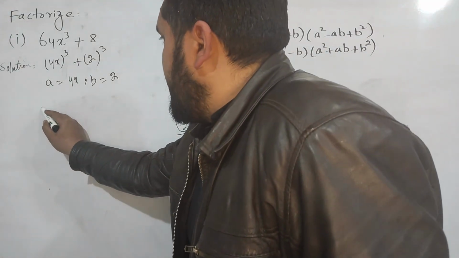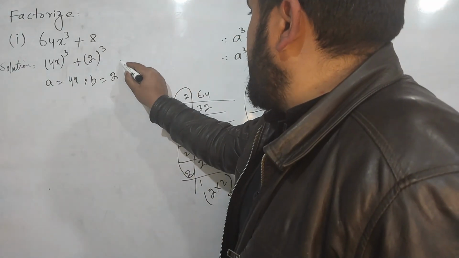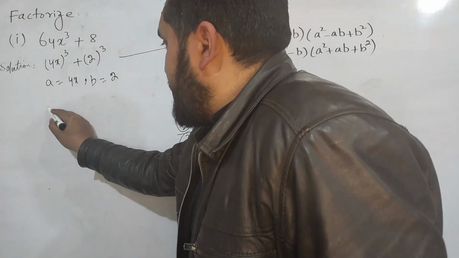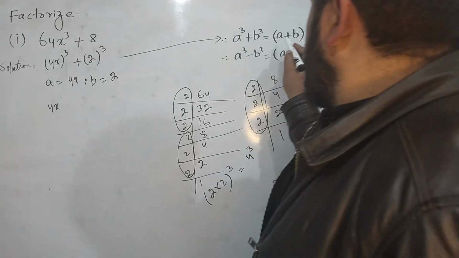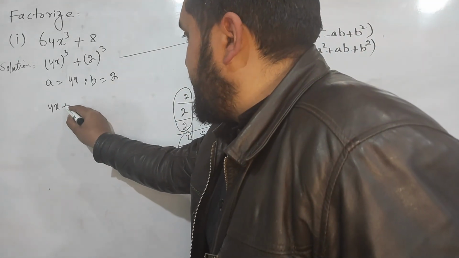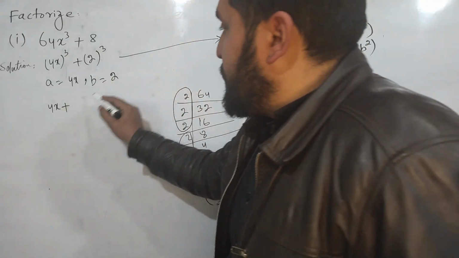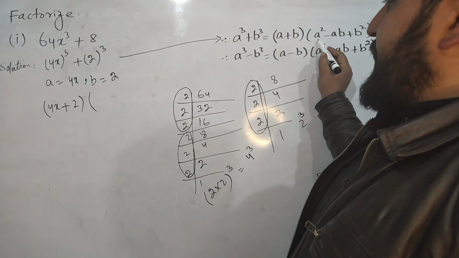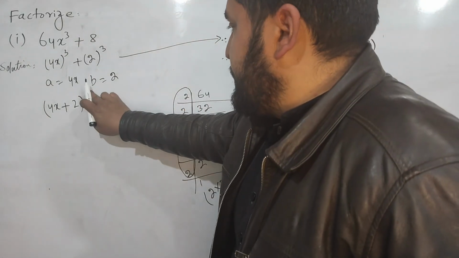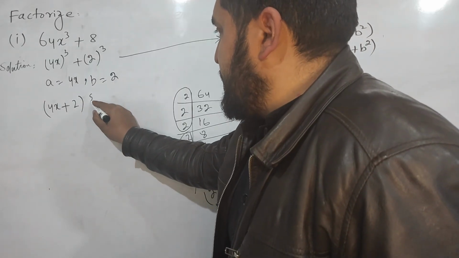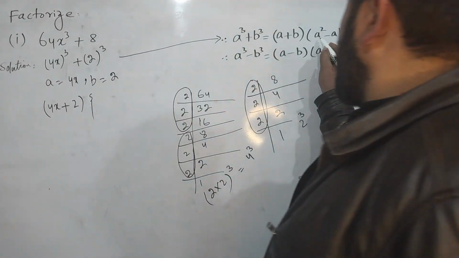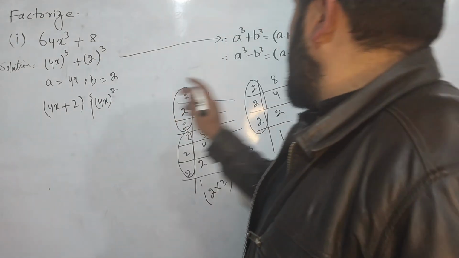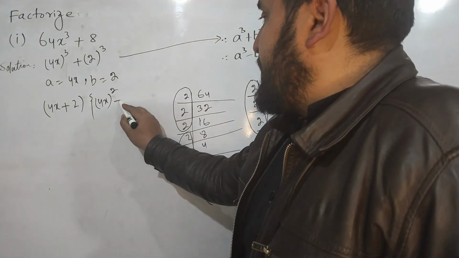So according to this identity, what is our a? Our a is 4x plus b. B means 2, into, what is our a? Our a is 4x. We write this as 4x whole square, because square is there, and minus, what is our a?